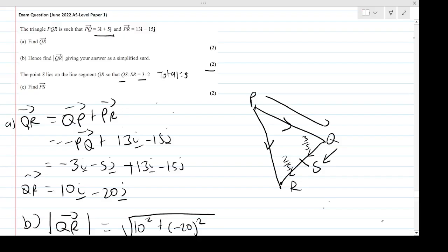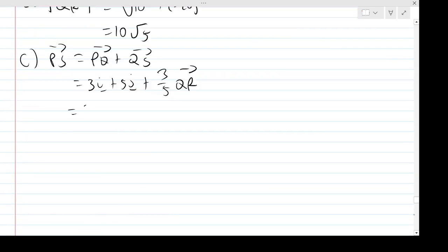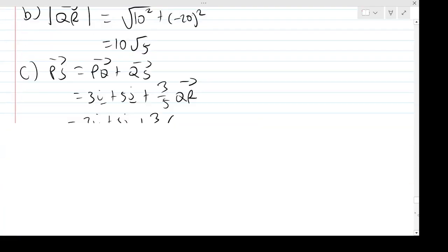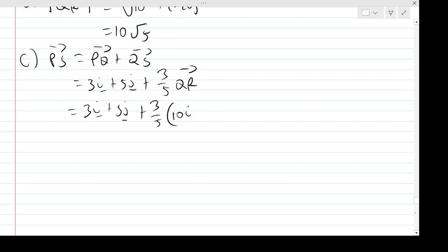So I can say that this is going to be 3/5 of QR. But again, I found QR in part A. QR is 10i minus 20j. So I need to do 3/5 of this. So then I'm going to get 3i add 5j, and then 3/5 of this vector QR, which I found in part A, 10i minus 20j, which I've circled. So I just need to expand that, right? It's pretty much 3i plus 5j.